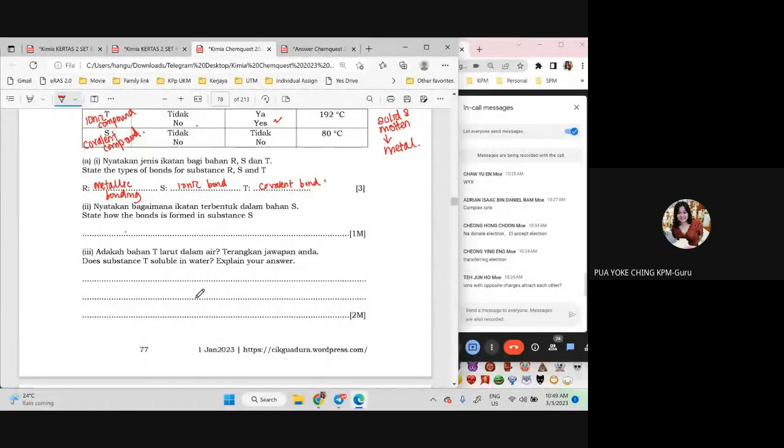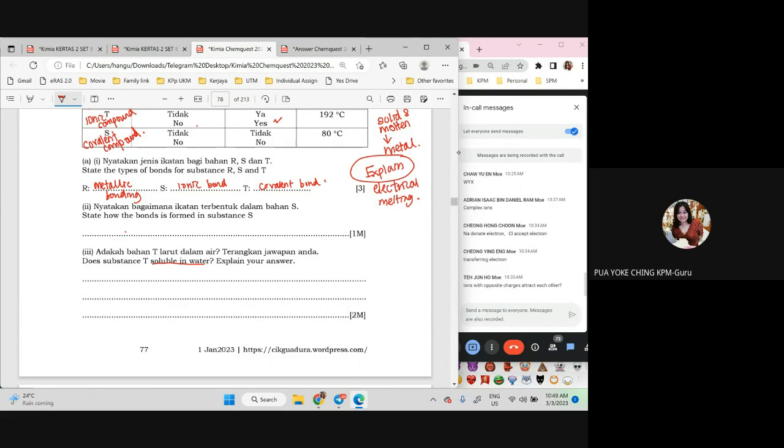Usually, comparison of ionic and covalent compound, biasa mereka suka tanya pada electrical conductivity. The part explain lah. Maksudnya dia nak explain electrical conductivity, and then dia suka tanya tentang melting and boiling point. Satu yang jarang tanya ialah solubility in water.